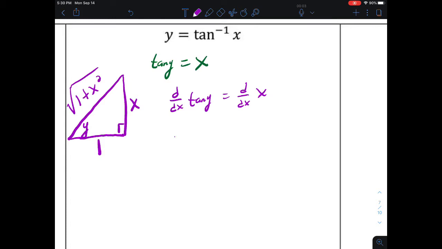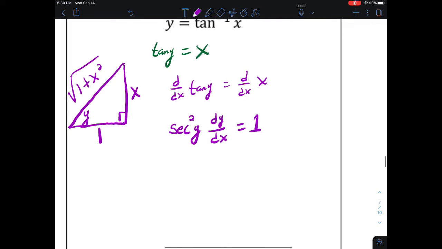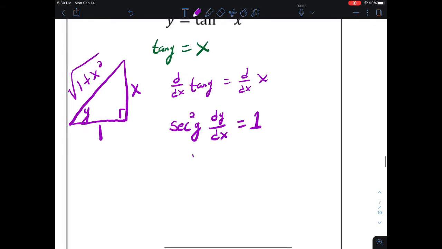The derivative of tangent is secant squared, so it'll be secant squared y times the derivative of the inside, dy over dx, is equal to the derivative of x, which is 1. I divide the secant squared to the other side, and that gives me dy over dx is equal to 1 over secant squared y, which is the same thing as cosine squared of y.